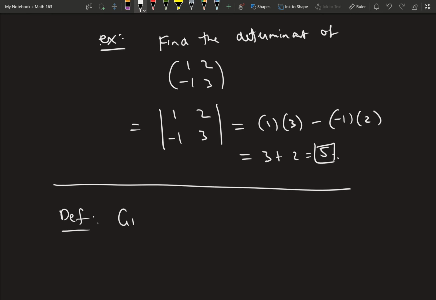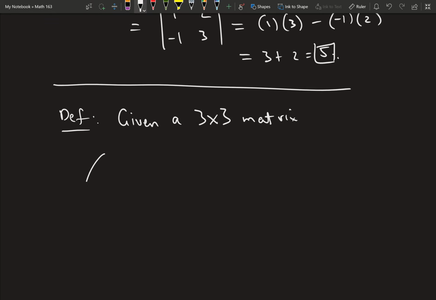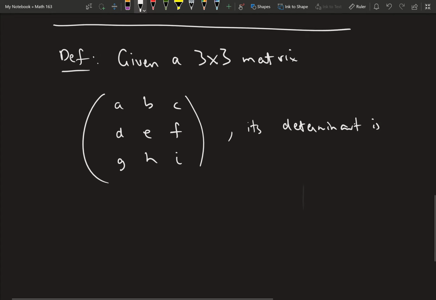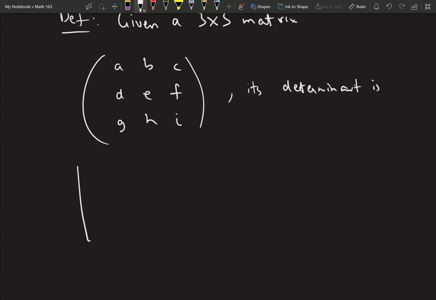So given a 3 by 3 matrix, I guess I'll write it out completely with letters A, B, C, D, E, F, G, H, and I. Its determinant is, and I'll write it again with a straight line on the side.